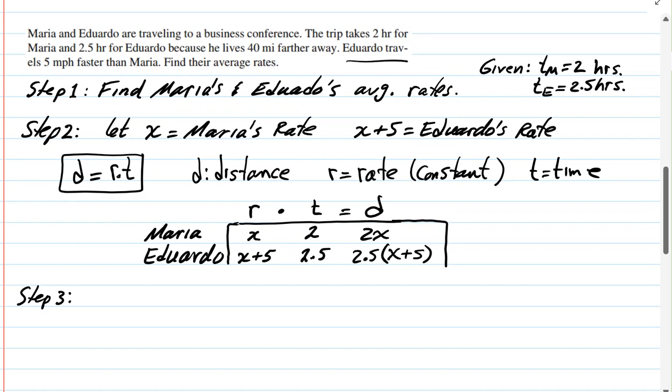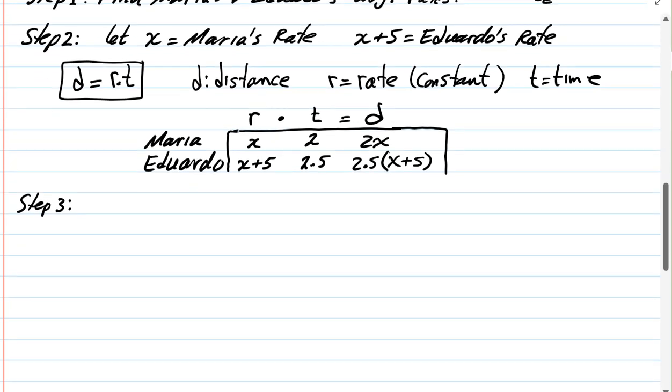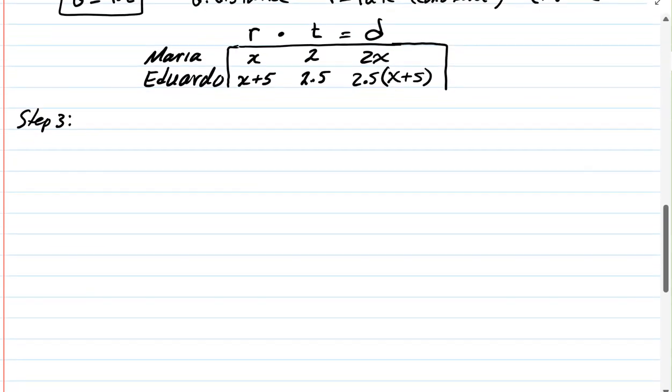Eduardo lives 40 miles farther away than Maria does. Okay, so we can set their distances this way.